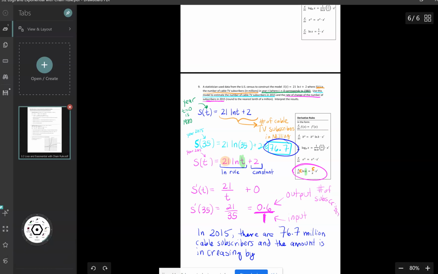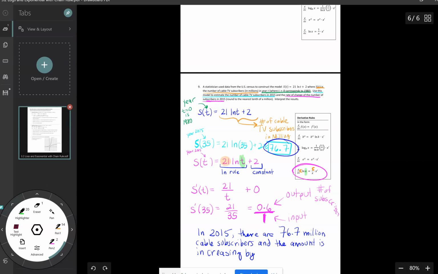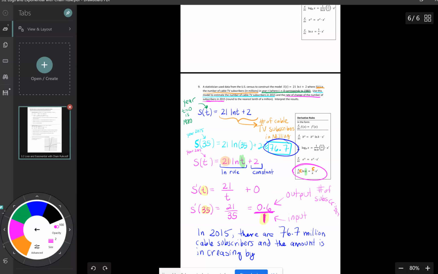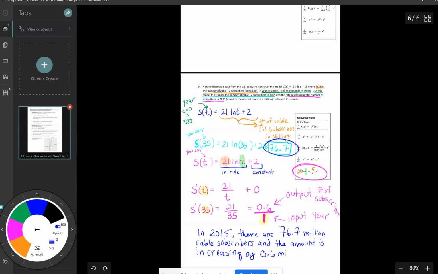And what was I inputting into my function? What was going in? Years, right? So my input is year. So when I go to describe this number, it's going to be subscribers per year. So I'm going to say it's increasing by 0.6 million subscribers per year.